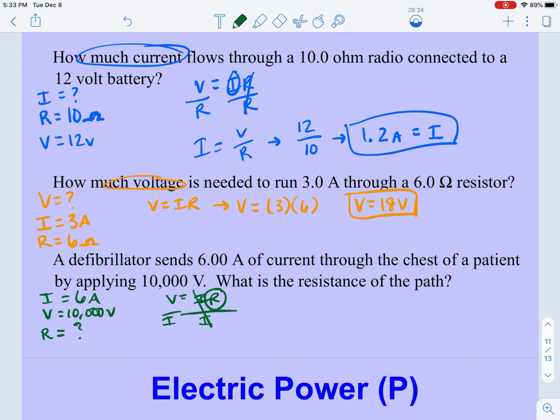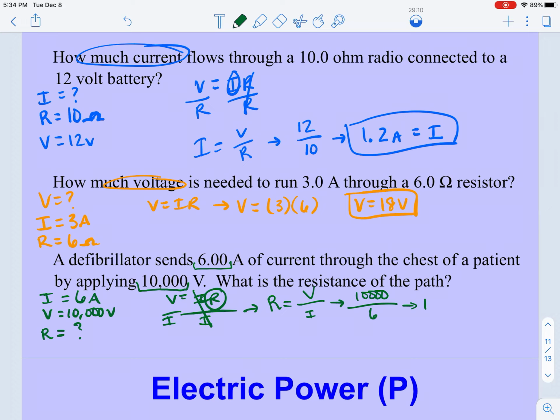So my formula is V equals IR, and if we're solving for our resistance, then we divide both sides by current. So my resistance is going to be voltage divided by current. So I'm going to say 10,000 divided by 6, which gives me 1, and then it's a whole bunch of 6s.